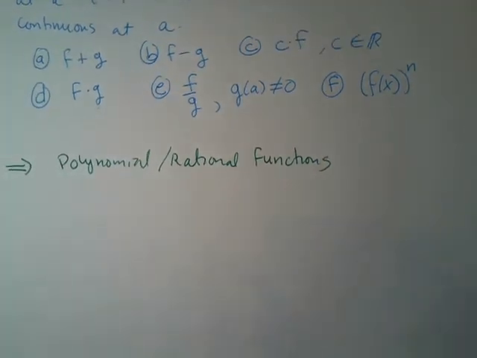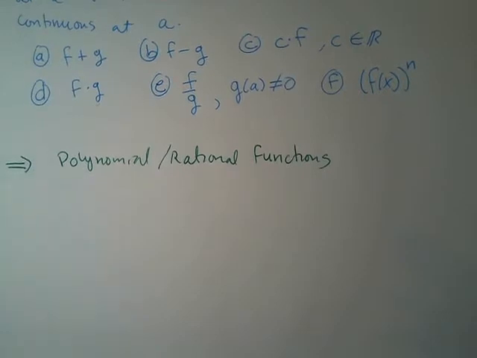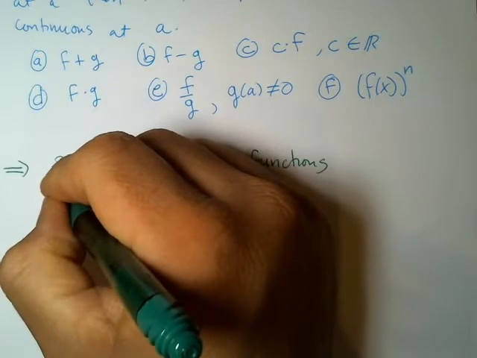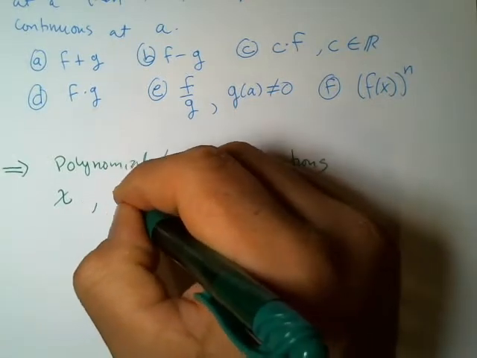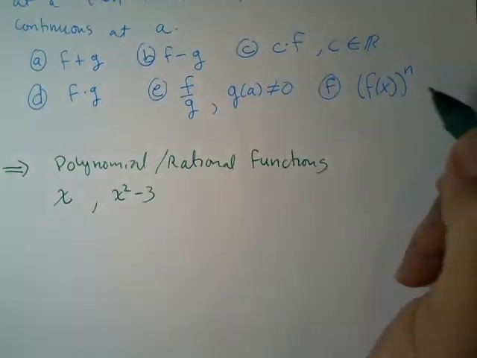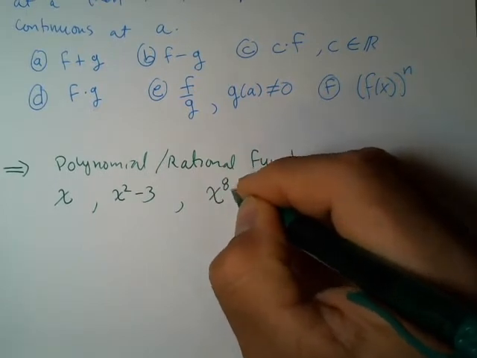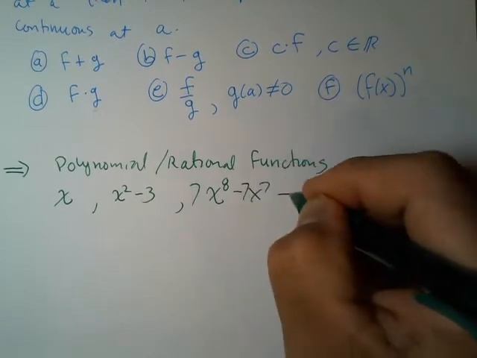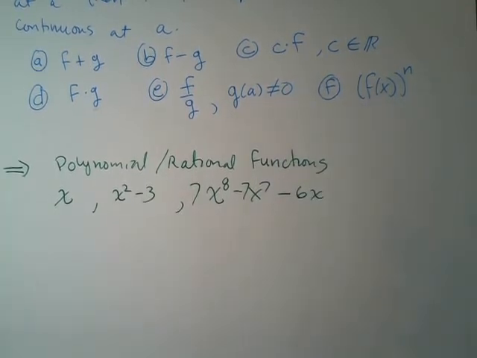Again, a polynomial function is anything that has a positive integer power. So something like x, this would be a polynomial. x squared minus 3, that would be a polynomial. x to the 8th minus x to the 7th, and let's give it some coefficients. These will all be examples of polynomials.